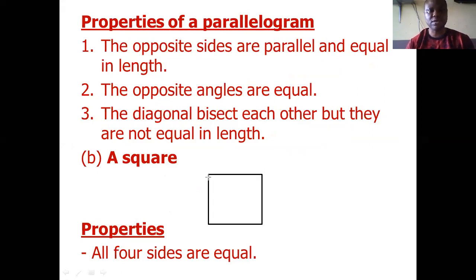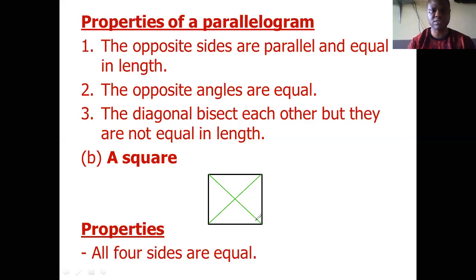So this is the diagonal. It bisects this angle. This is the diagonal here, and this is the diagonal here. For a square, you see, the diagonals bisect this angle. Bisect means divide into two equal parts.